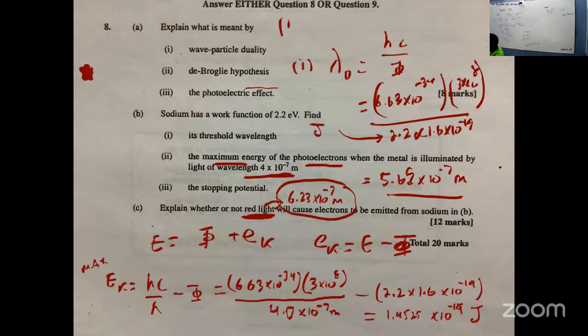So no, it will not cause the electrons to be emitted. 6.23 by 10 to the minus 7 is bigger than 5.65 by 10 to the minus 7, so that's smaller. Ignore the minus 7 because they both have it, right? It will not cause the electrons to be emitted from the sodium.